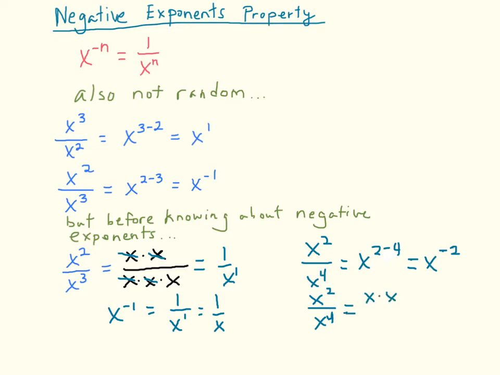That just means I have more x's left over in the denominator. So now I have 2 x's left over in the denominator, so this all equals 1 over x squared.